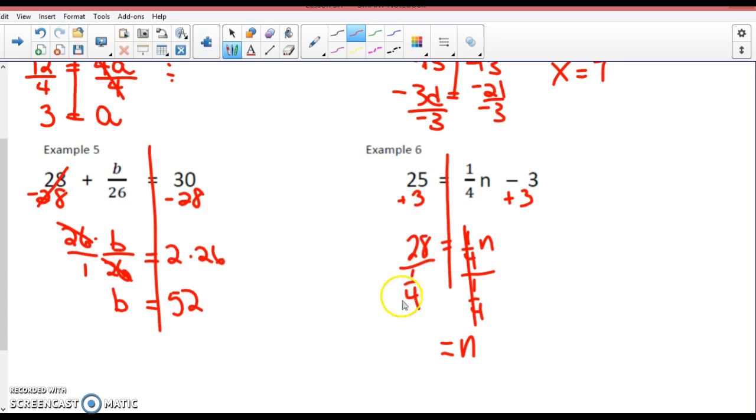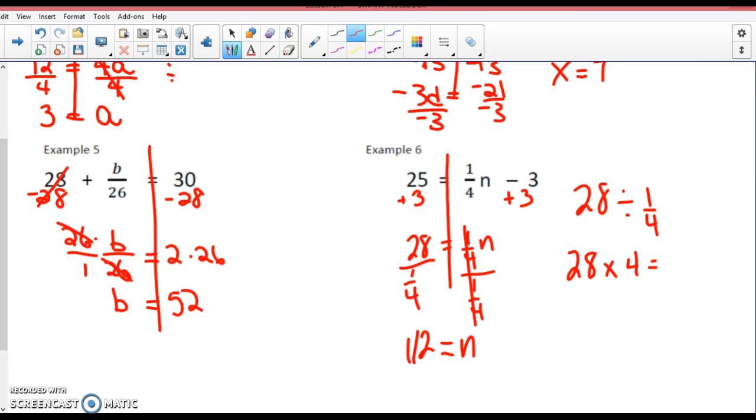Isn't the math involved in this 28 divided by 1/4, which is 28 times the reciprocal 4, which is 112? Yes? Because you got to change it to multiply by the reciprocal.